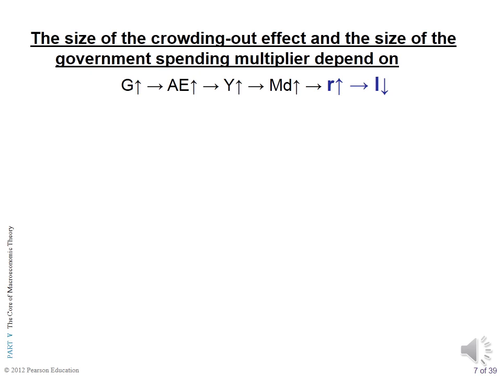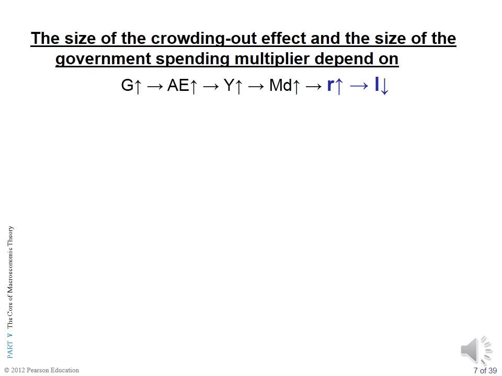If the investment function is perfectly inelastic to change in interest rate, perfectly insensitive to the change in interest rate. Meaning investment is not affected at all by the interest rate. In this case there will not be a crowding out effect. However, G increases will not affect private investment.